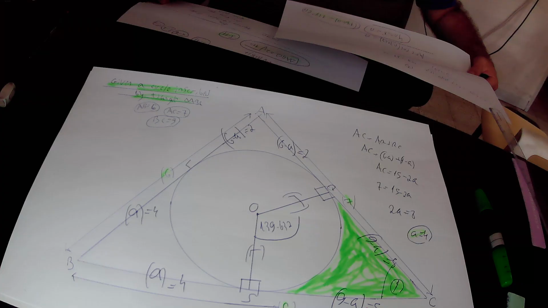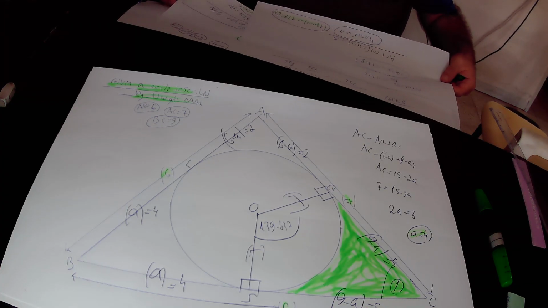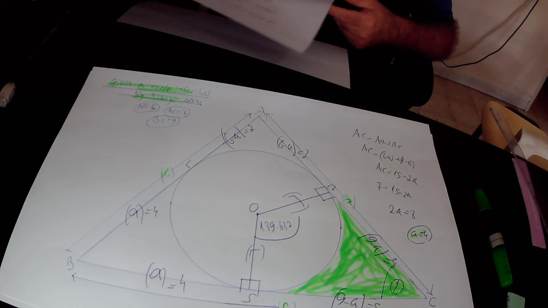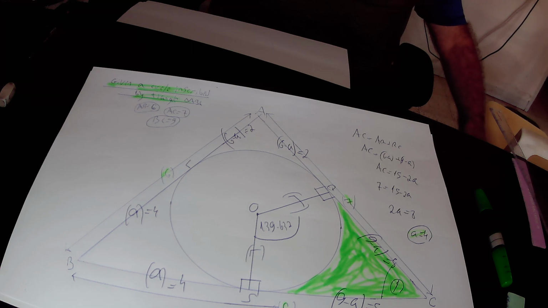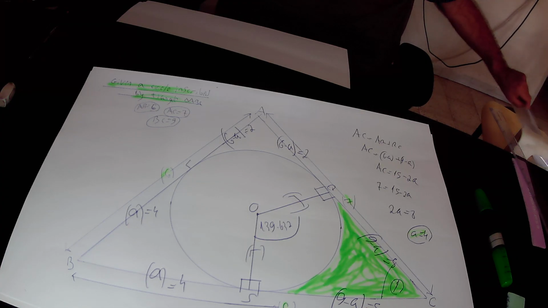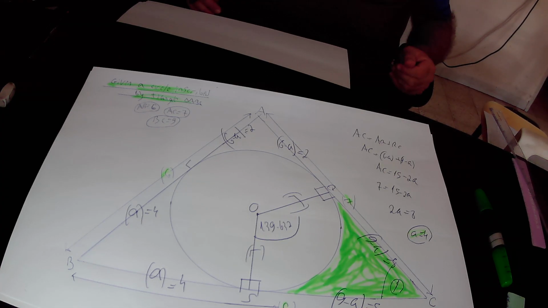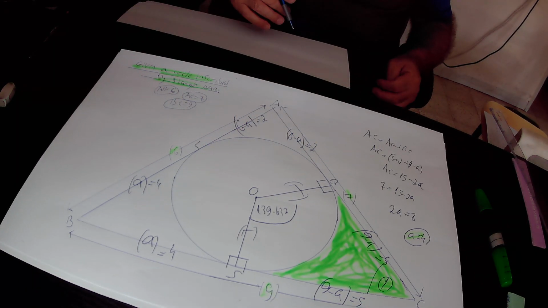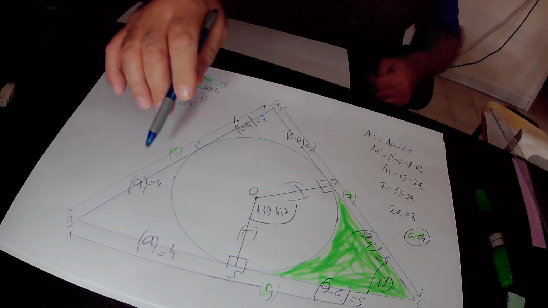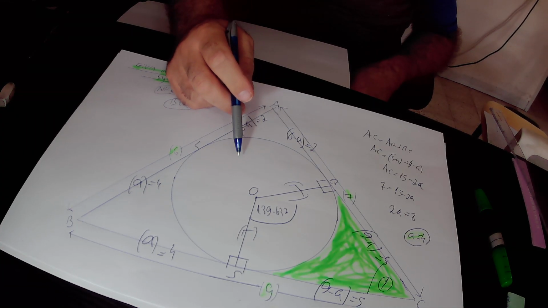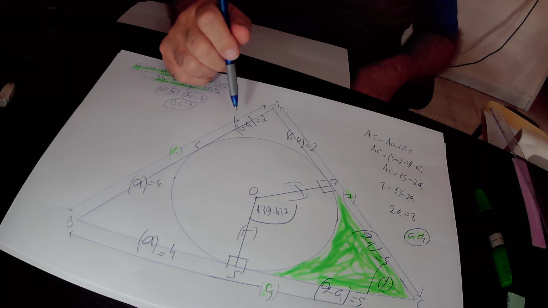We have a special formula that states that for any triangle that blocks a circle, like in our drawing, the area of the triangle is equal to S times R. R is the radius of this circle that is inscribed by triangle ABC, and S is the semi-perimeter of triangle ABC.